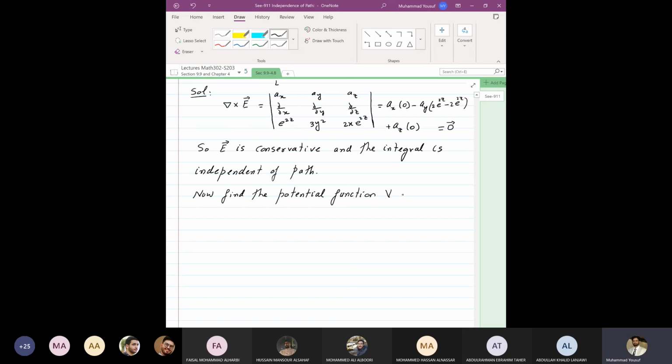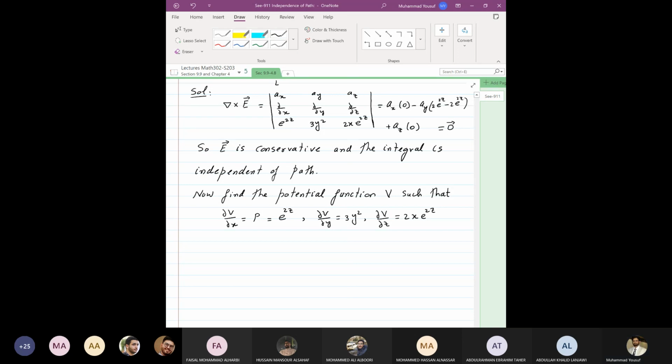Find the potential function V such that partial V by partial x is equal to P, and in our vector field P is e power 2z, and partial V by partial y is equal to Q, which is 3y square, and partial V by partial z is equal to R, which is 2x e power 2z.